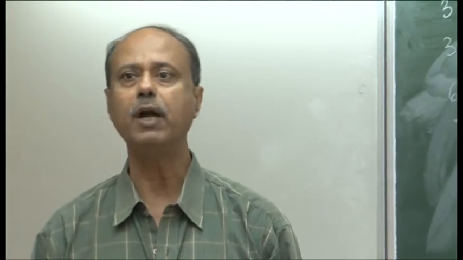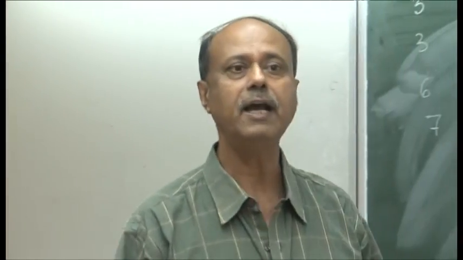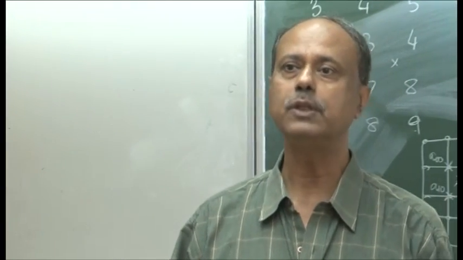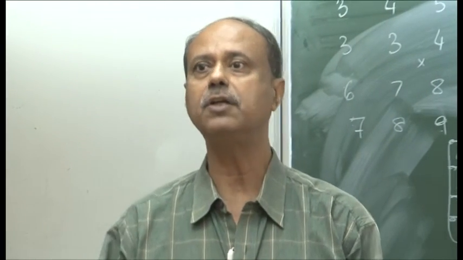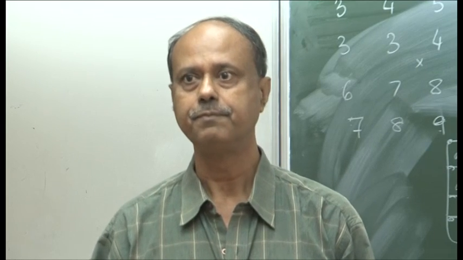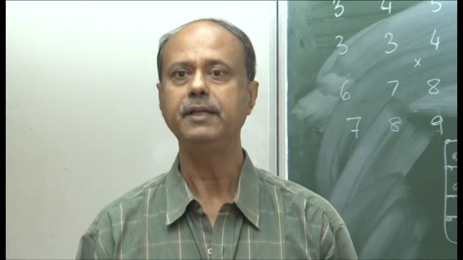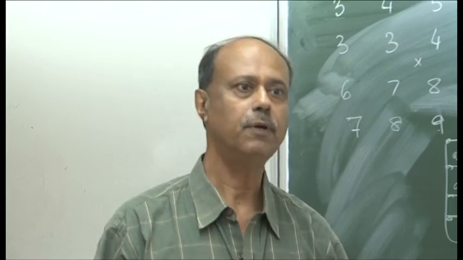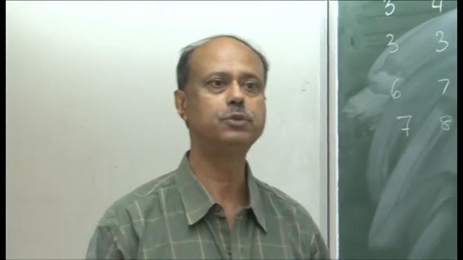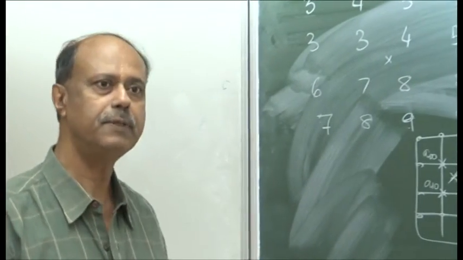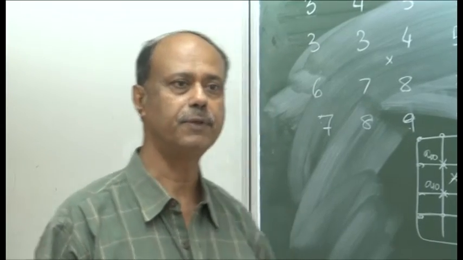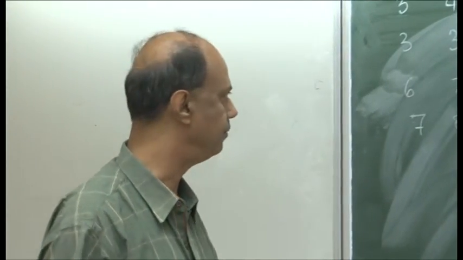People who work in the field of steganography have to analyze which area to put the data in, so that the original image does not get distorted. Otherwise, people may not like to see that image. At the same time, you want to send some information through this image.